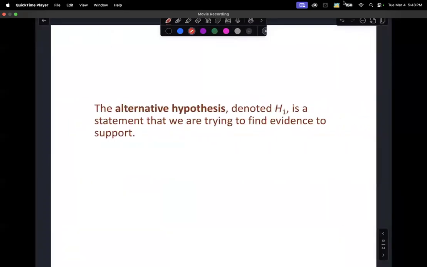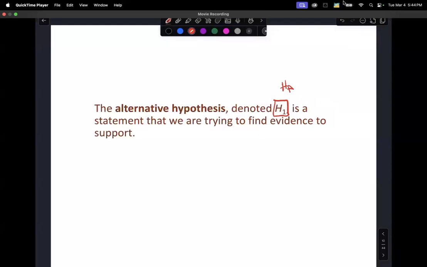Our alternative hypothesis is H sub 1. Sometimes it's H sub A, but it's usually H sub 1, but I wanted to just show you that in case I accidentally write it that way. This is the alternative hypothesis. This is the statement we're trying to find evidence to support. So this would be me saying that I believe that the percent of red M&Ms is greater than that 13%.